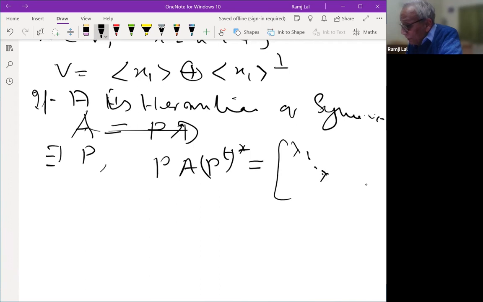So this can be written as a diagonal matrix here. This is something which you have already done for the real and complex case.